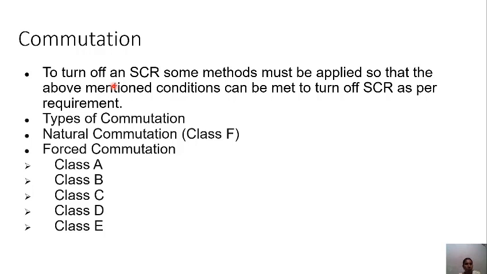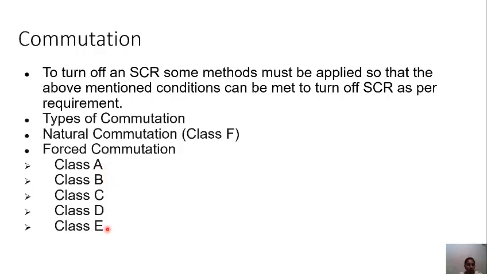It is achieved by means of the natural zero available in the AC signal. It is also called class F commutation. In forced commutation we have a dedicated commutation circuitry with the inductor and capacitor.